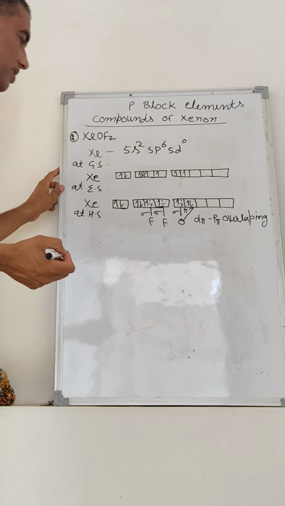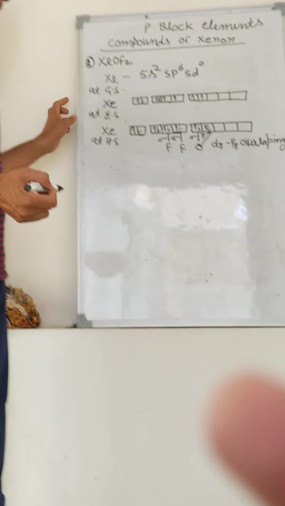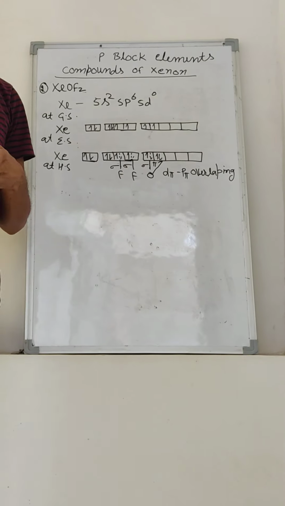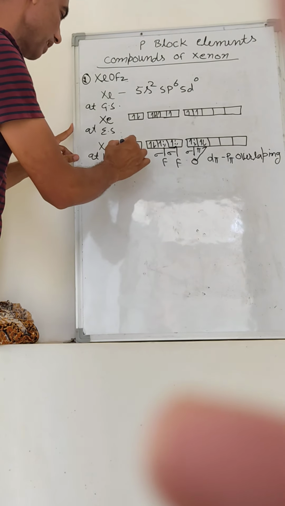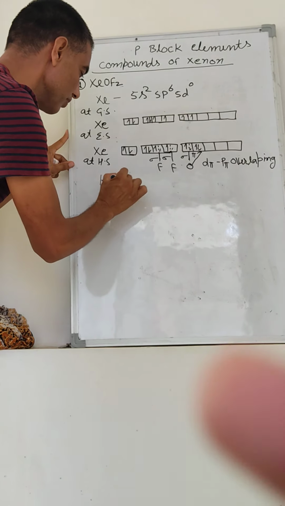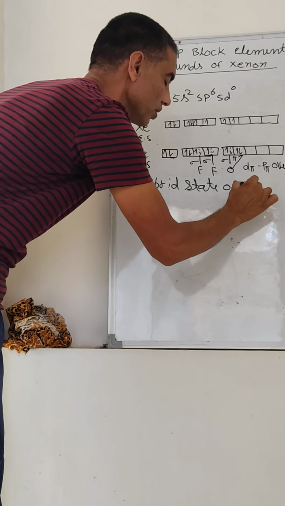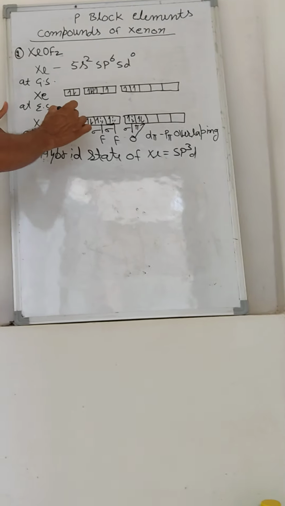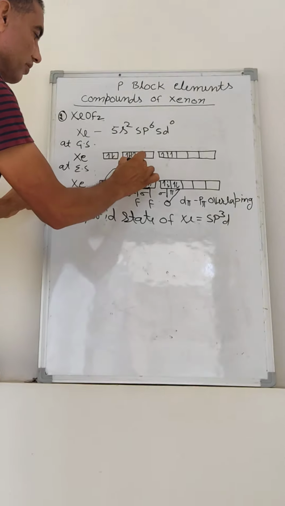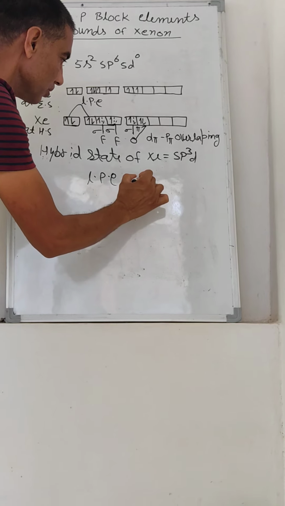So the hybrid state of xenon is not sp3d2. The hybrid state of xenon is sp3d, because due to hybridization only sigma bonds are produced. Pi bonds are produced by the overlapping process. So the hybrid state of xenon is sp3d, and the lone pairs of electrons equal 2.